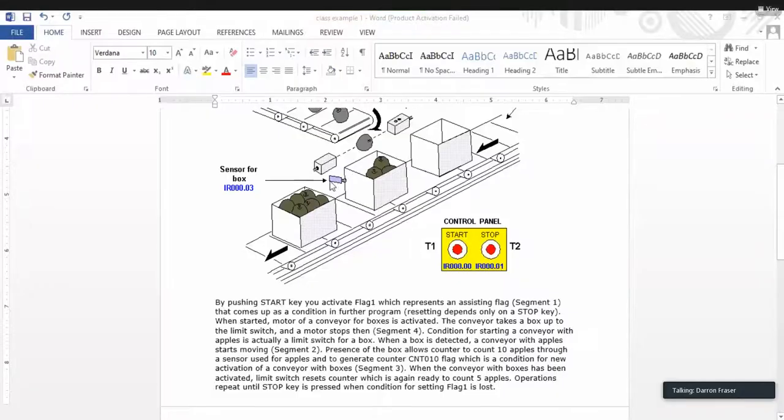Usually the sensor that you have is located right where you want it to stop. So the sensor would be located at the point that you want the box to stop.